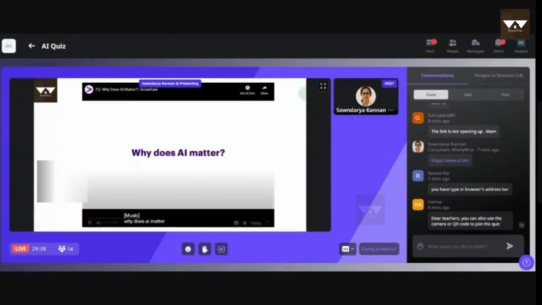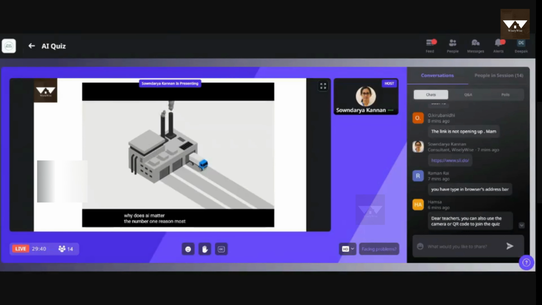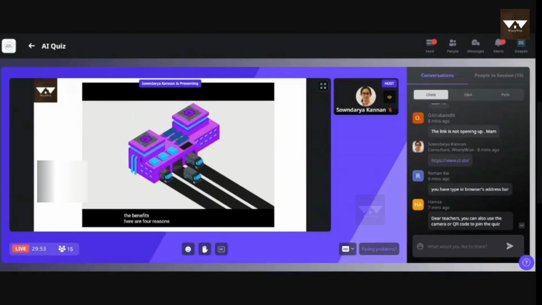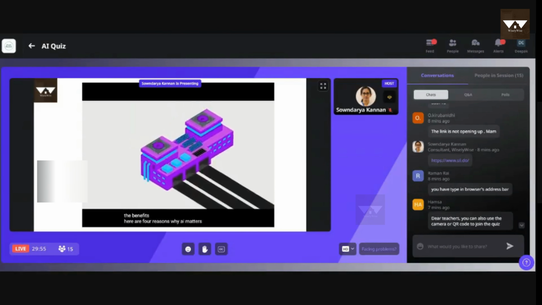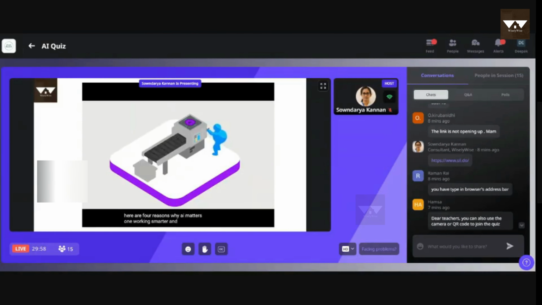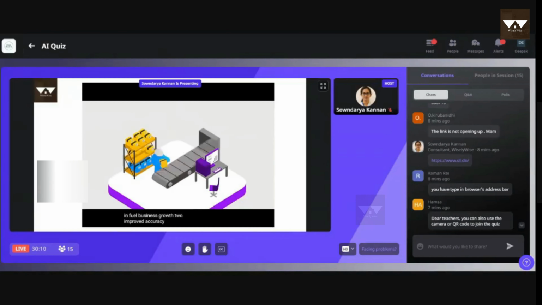Why does AI matter? The number one reason most businesses use artificial intelligence is to increase task efficiency, which can greatly reduce costs. But believe it or not, cost reduction only counts for a fraction of the benefits. Here are 4 reasons why AI matters. 1. Working smarter and more effectively. As AI tackles the lower level repetitive work, people are freed up for higher level tasks that are more fulfilling and fuel business growth. 2. Improved accuracy and better decision making.